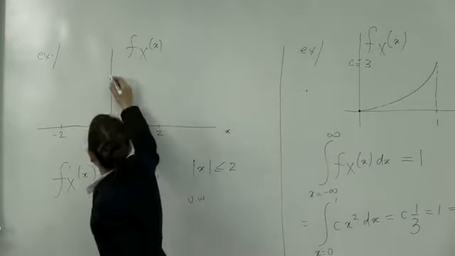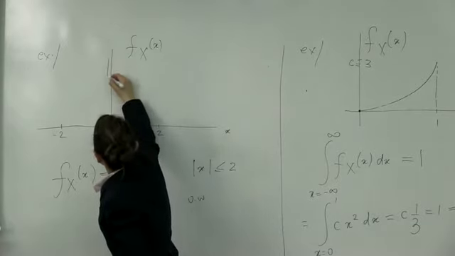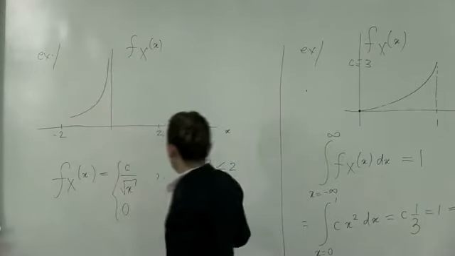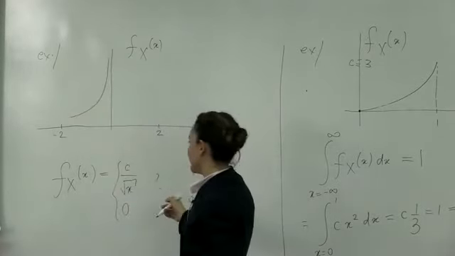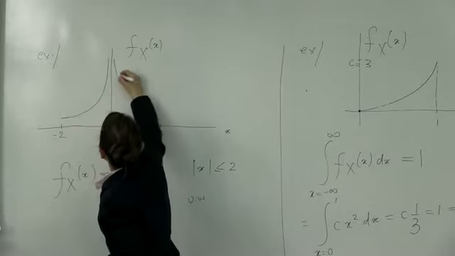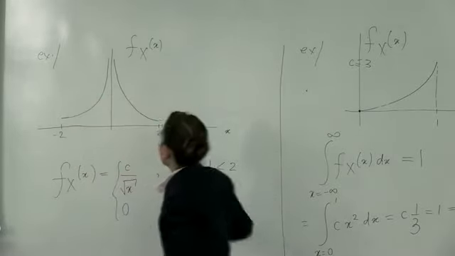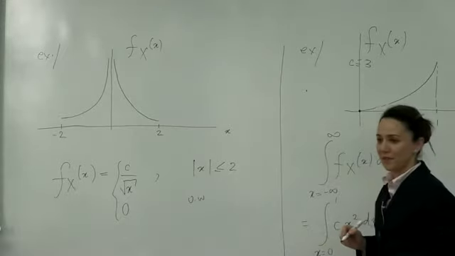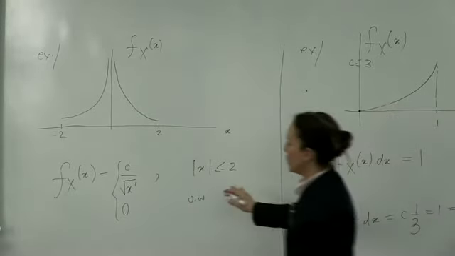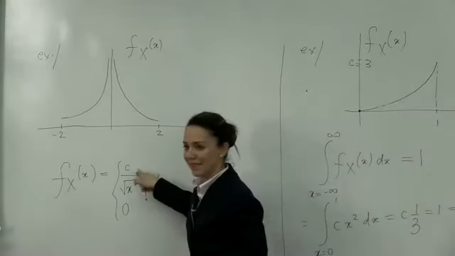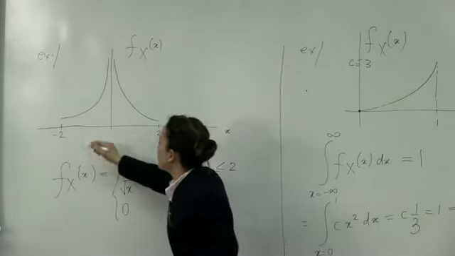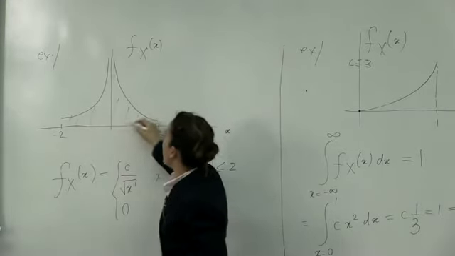Just like this. At -2, what is the value? Well, we don't know before computing c, right? Can someone quickly compute c? Compute c as an exercise, and show for what value of c the area under this curve is equal to 1.